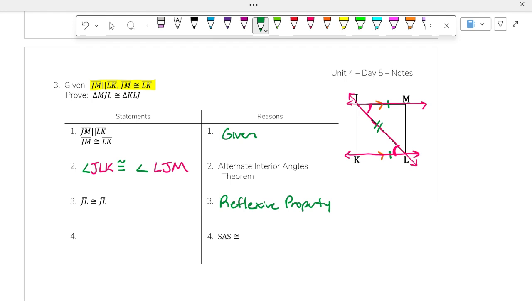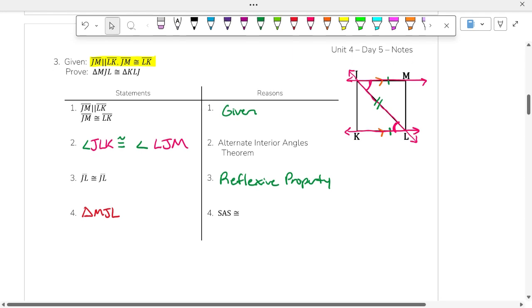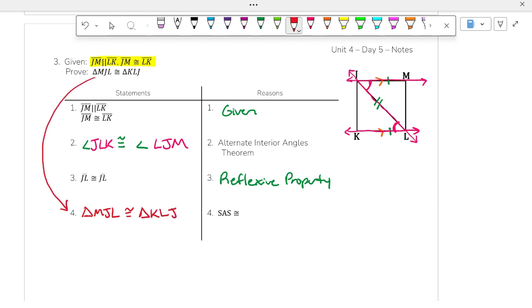So it's the end of the proof. What do you think I'm going to put? You're going to put triangle MJL is congruent to KLJ. It's the last statement because that's what we're trying to prove.